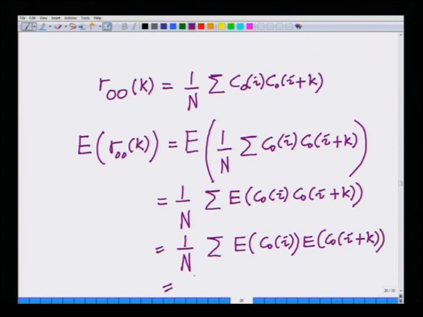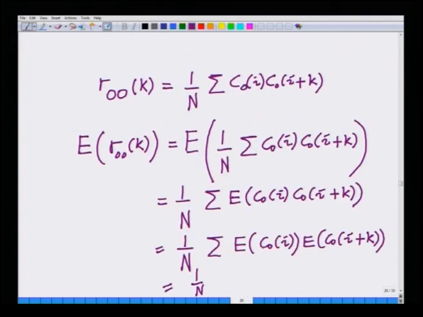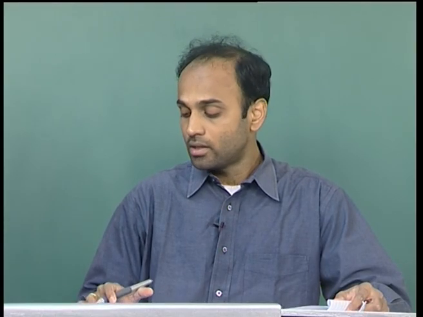Now, we have seen in the previous case that expected C0i is 0 for any chip, hence each of these expected C0i, expected C0i plus k are 0, hence this is 1 over n summation 0, which is 0. So, the expected value of this correlation for any non-zero shift k is 0.